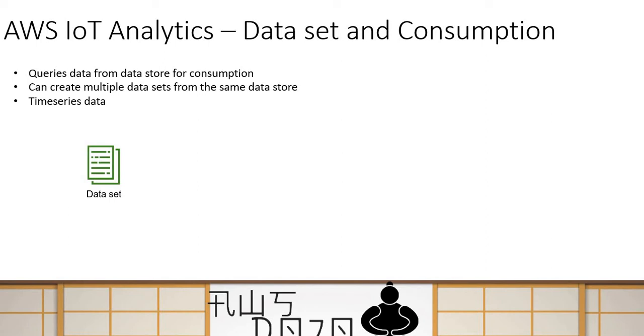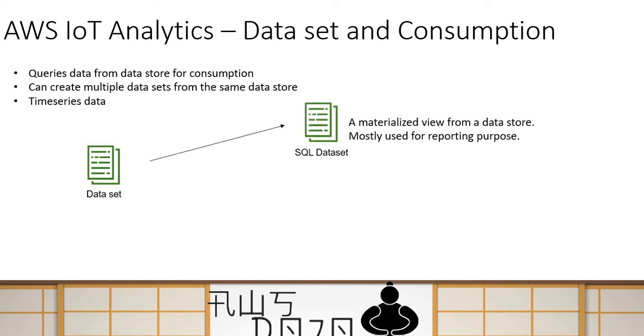Your data in the data store, in the data set, and I think data store as well, is in a time series format. So there are two types of data set which you can configure. One is called your SQL data set, which is a materialized view from your data store. So it is like you create kind of a SQL query from your data store to create this materialized view. And this SQL data set is primarily used for reporting purposes.